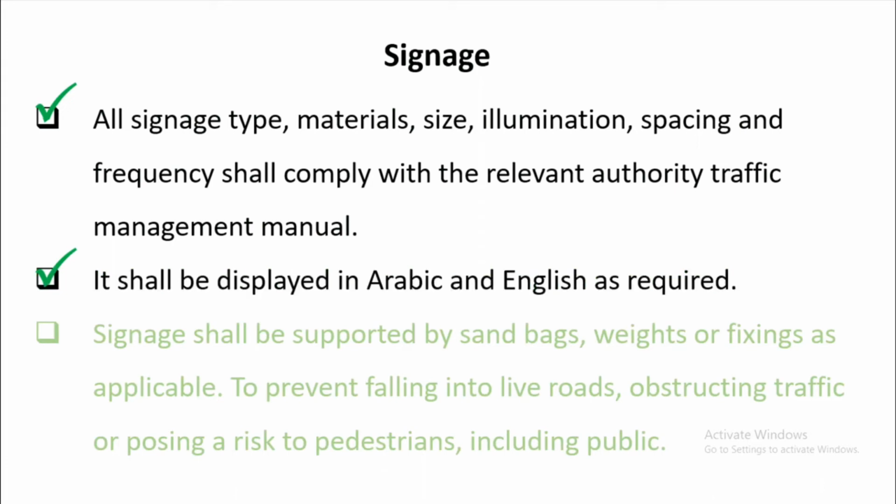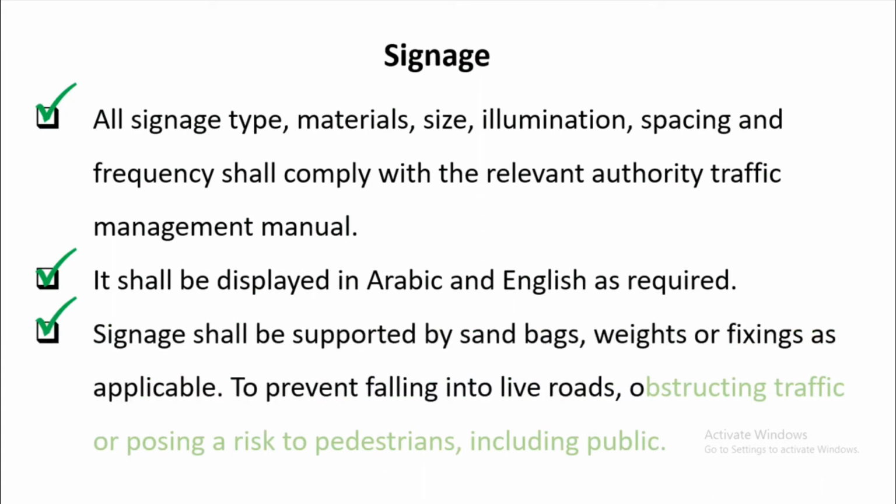Signs shall be displayed in the local language and English as required, and if you have a common language you can also put it there, but the minimum is the local language and English. Signage shall be supported by sandbags, weights, or fixing as applicable. This is to prevent falling into live roads, obstructing traffic, or posing a risk to pedestrians, including the public.